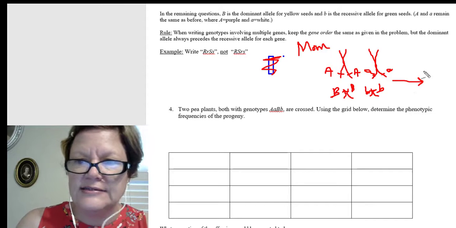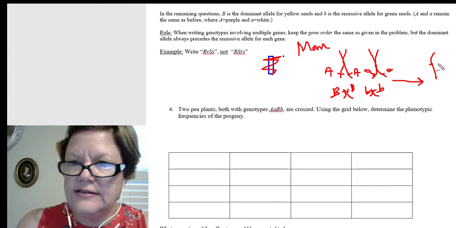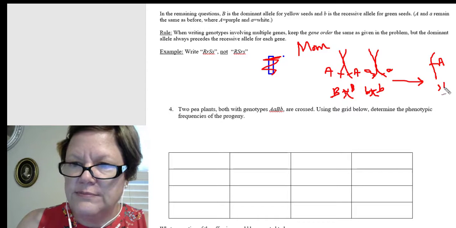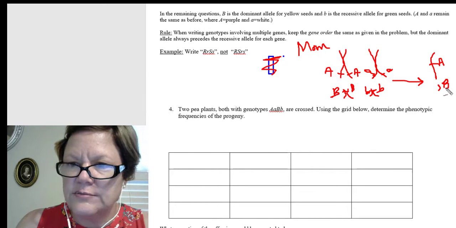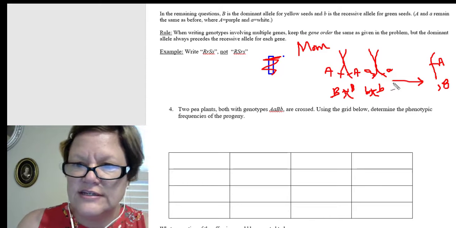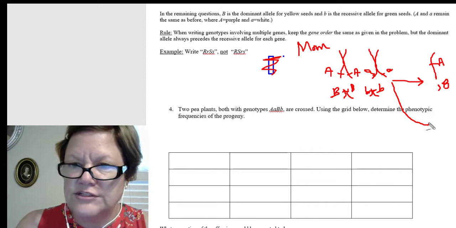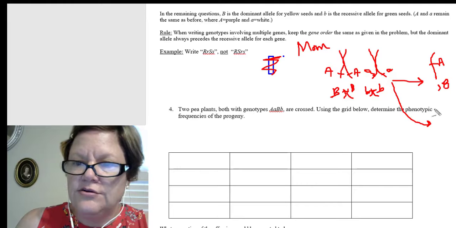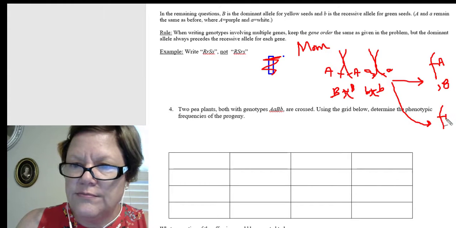mom has, eggs, will carry a big A allele and on the other chromosome a big B allele. But it's also possible, because the only rule of meiosis is that each gamete gets one of each type of chromosome, that you could get a big A chromosome and a little b chromosome.